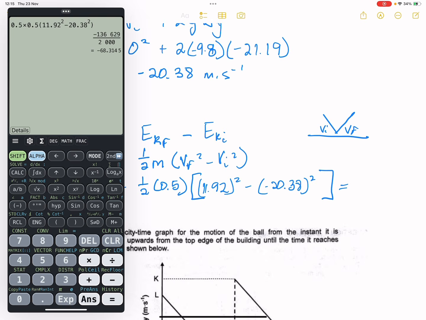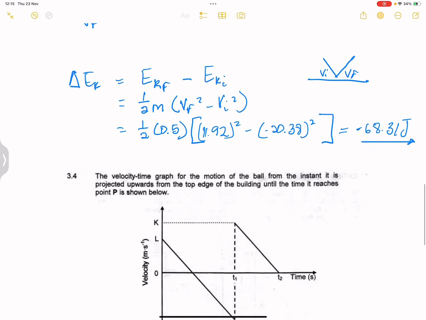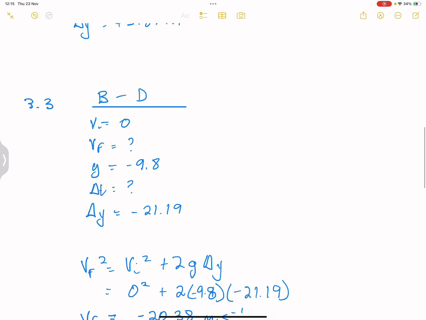The change in kinetic energy is actually negative 68.31 joules. So that's the amount of kinetic energy that was lost. And that negative isn't telling us about direction, but merely telling us about the fact that we lost that kinetic energy in the ball, right? Okay, so that is it.